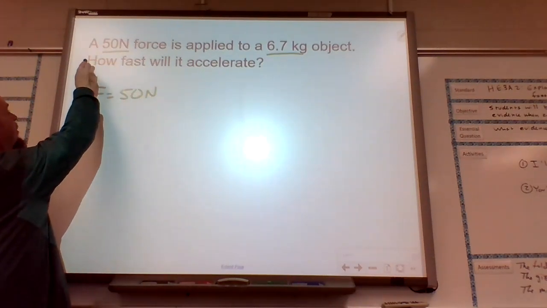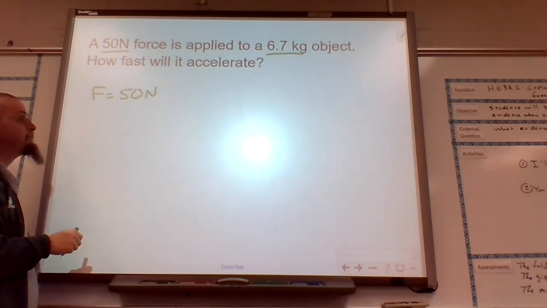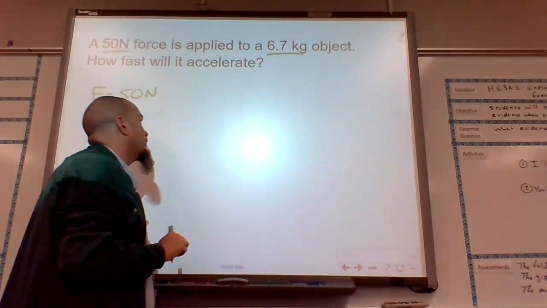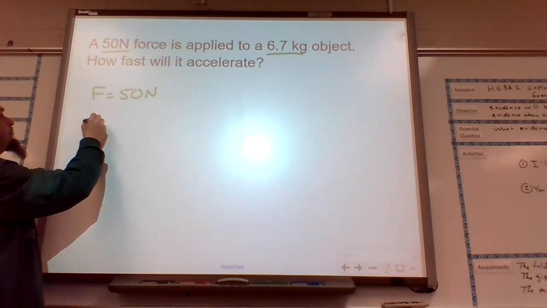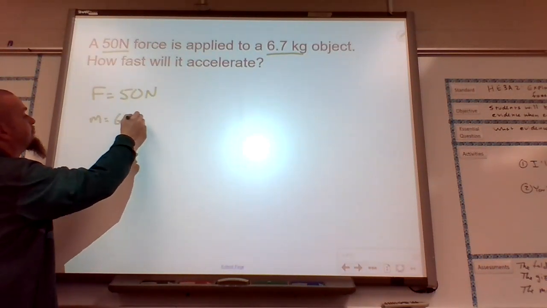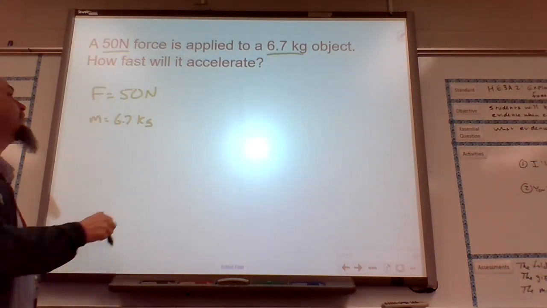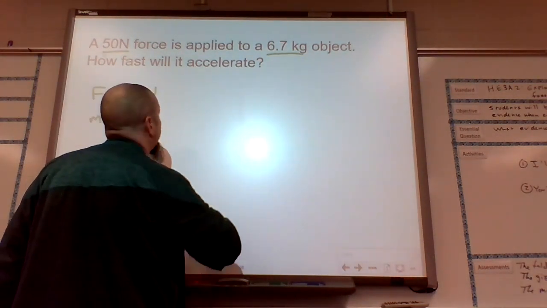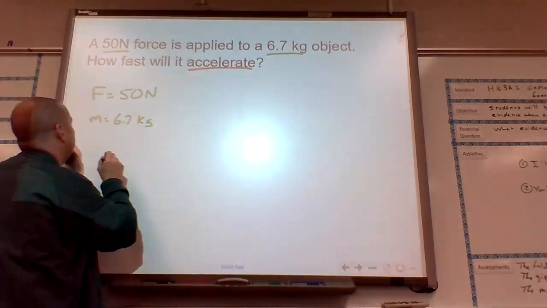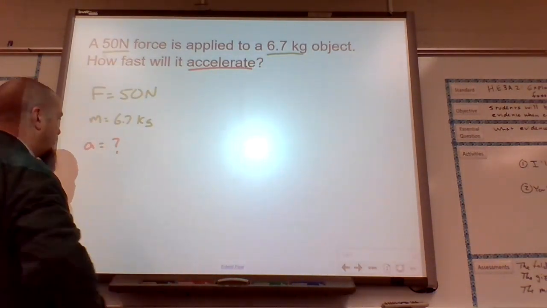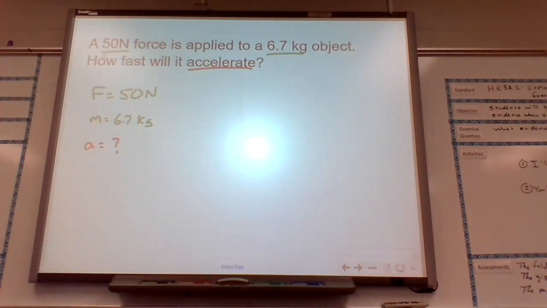And it does tell us that of 50 Newton force. Kilograms are our unit for mass. We're trying to find the acceleration. Our unknown is A. So we've identified our givens, and we've identified our unknown.